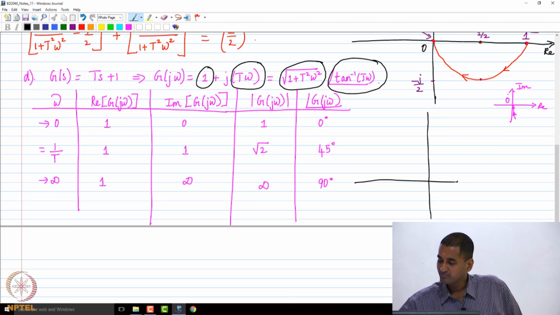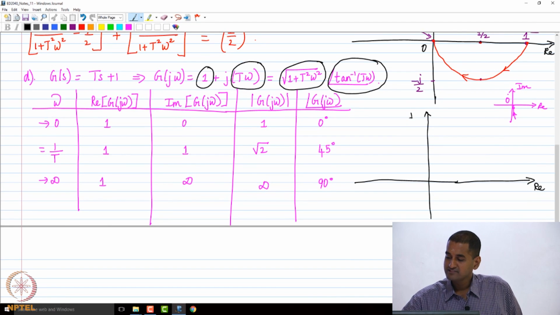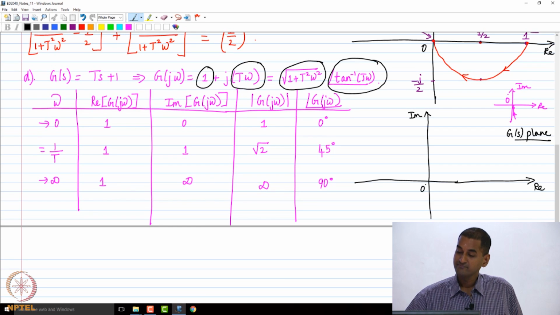So now if I plot the real part versus the imaginary part in the G of s plane, what are we going to get? At omega equals 0, let us say we start from 1.